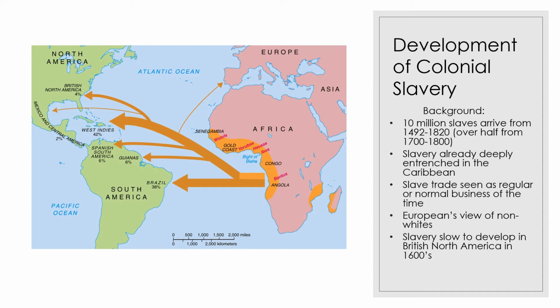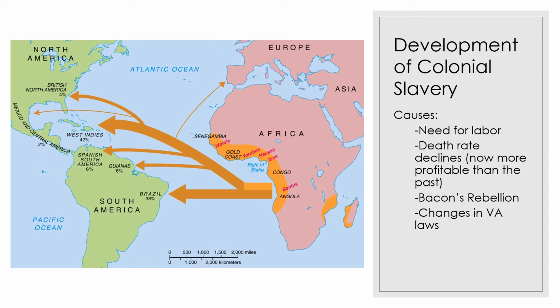So as we mentioned already when we were talking about colonial Virginia and Maryland and our other southern colonies, slavery was pretty slow to develop in British North America in the 1600s. It starts to pick up some steam at the very end of the 1600s.